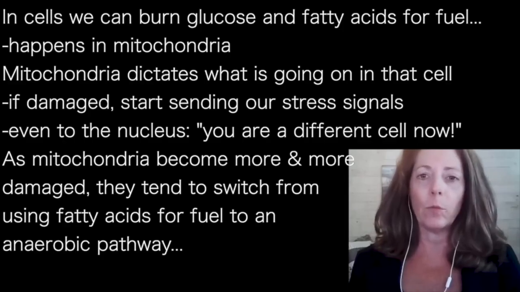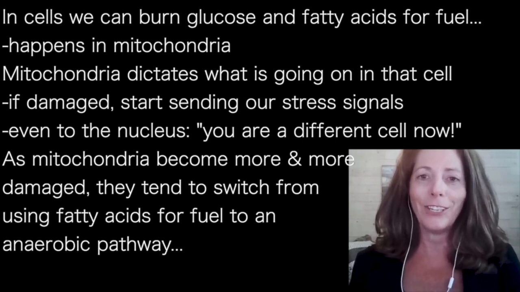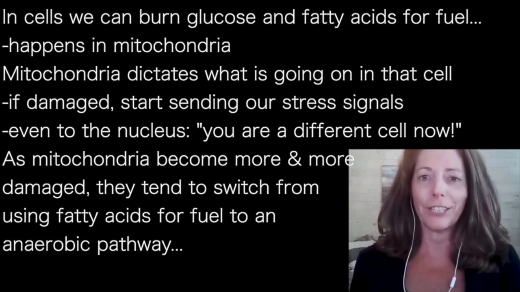Mitochondria actually kind of dictate what's going on in that cell. When they start to get stressed or damaged for some reason, they send out stress signals, even to the nucleus, which can tell the nucleus, you're a different cell now. You need to do things differently.